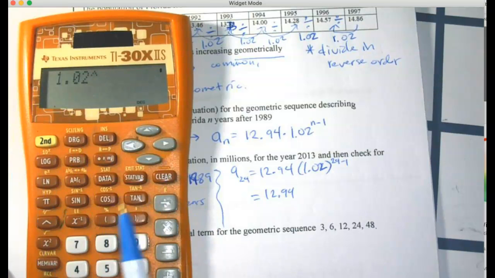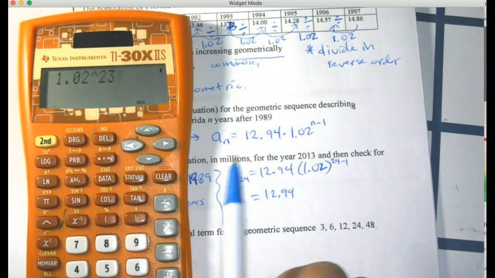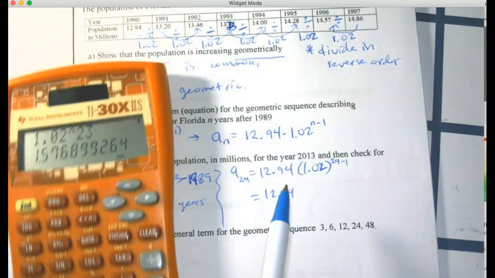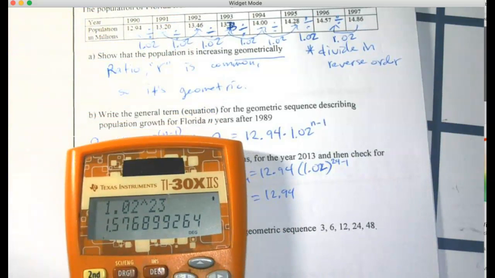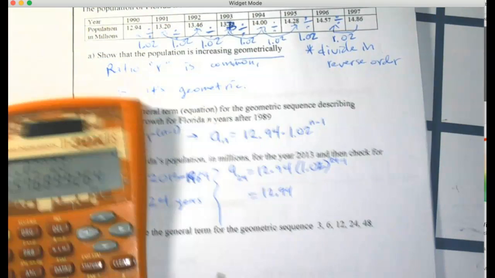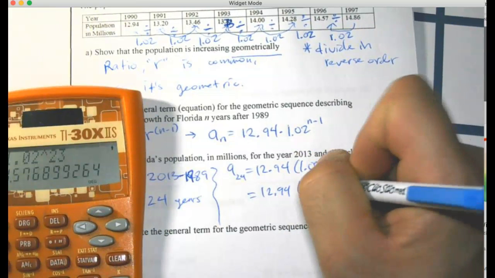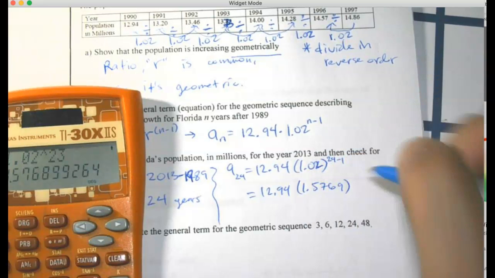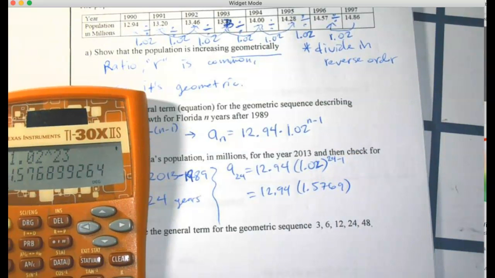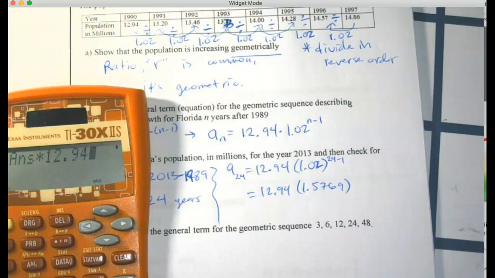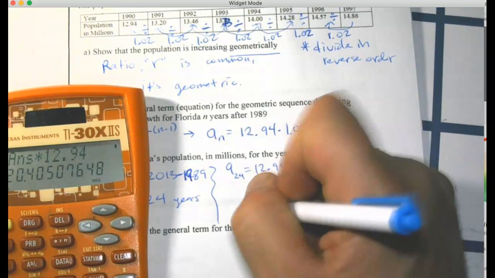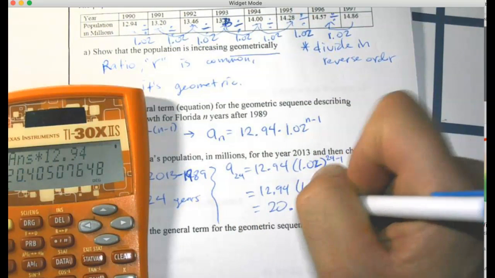And there we are, it's 1.5769. I'm going to round that. And now I'm going to multiply that by 12.94. And I got 20.4.